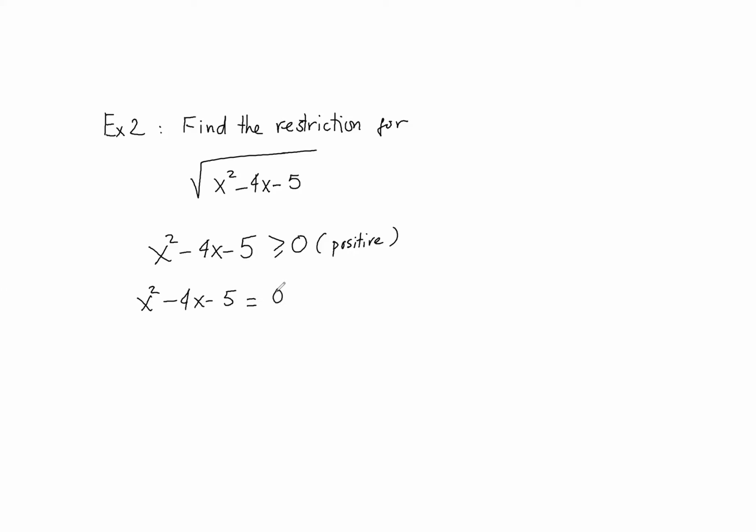Now we are going to factor the left side and set that equal to 0. At this step, we have the zero product property. We are going to set each factor equal to 0, and we solve them individually.